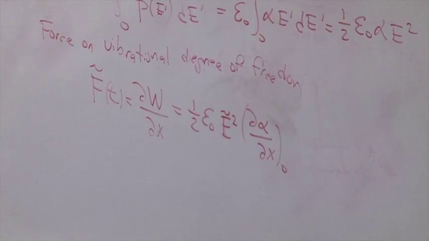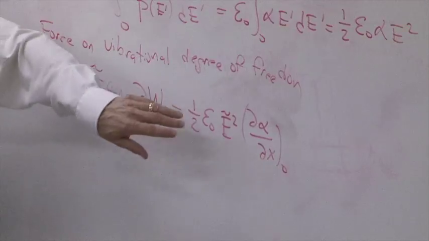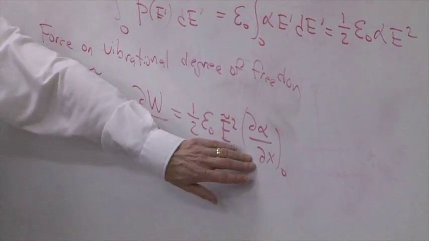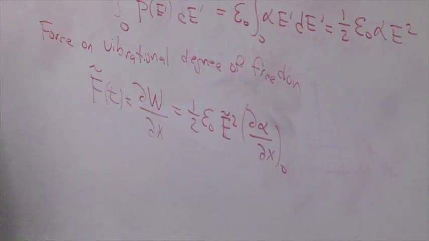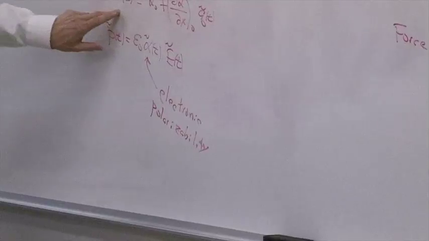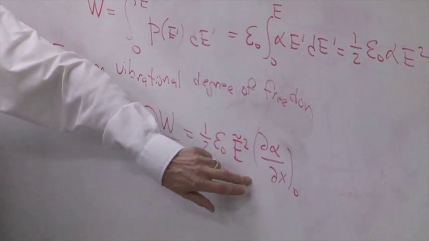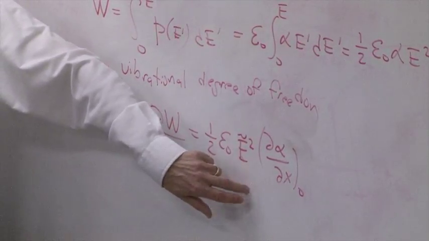So let me just pause for a second while you absorb this. So here is the force on the vibrational degree of freedom, and it depends on this quantity that we introduced. So this assumption here plays a key role in telling us how to calculate the force on the vibrational degree of freedom.